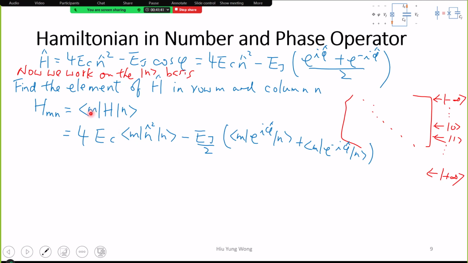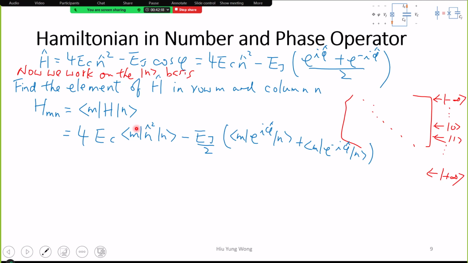This is a number. I apply the bra on the left, so you apply M to the left. It will hit this operator, N hat squared, and stop there. Distribution rule, so you will hit this operator, stop there, so you have M from the left, and apply the ket from the right. That's why all the operators will be sandwiched by M and N, which makes sense because they are just matrices. The element MN for the final matrix is just equal to this operation on the elements of the other matrices.